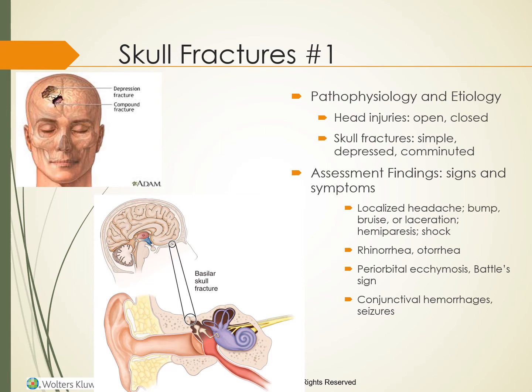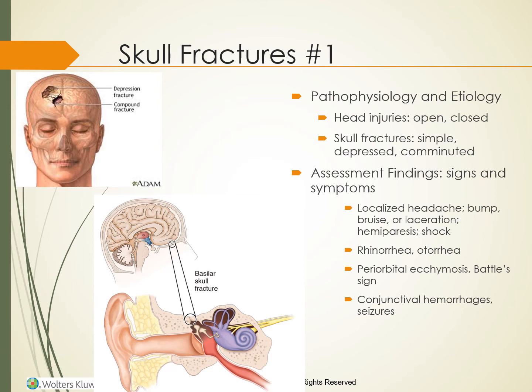So when we have a simple skull fracture, there's usually not very many, if any, symptoms, and they can usually heal without a complication. These clients that have a simple skull fracture will usually complain of a localized headache.